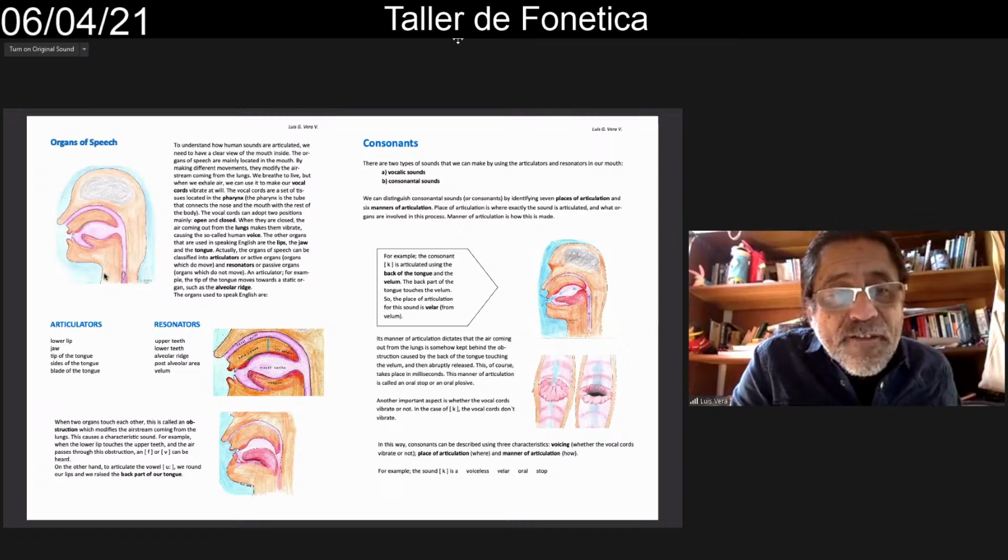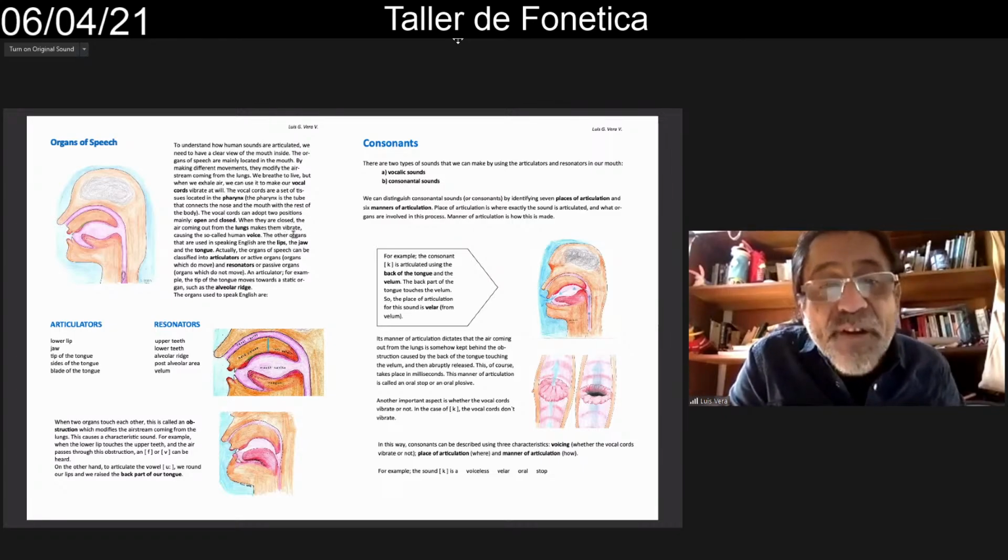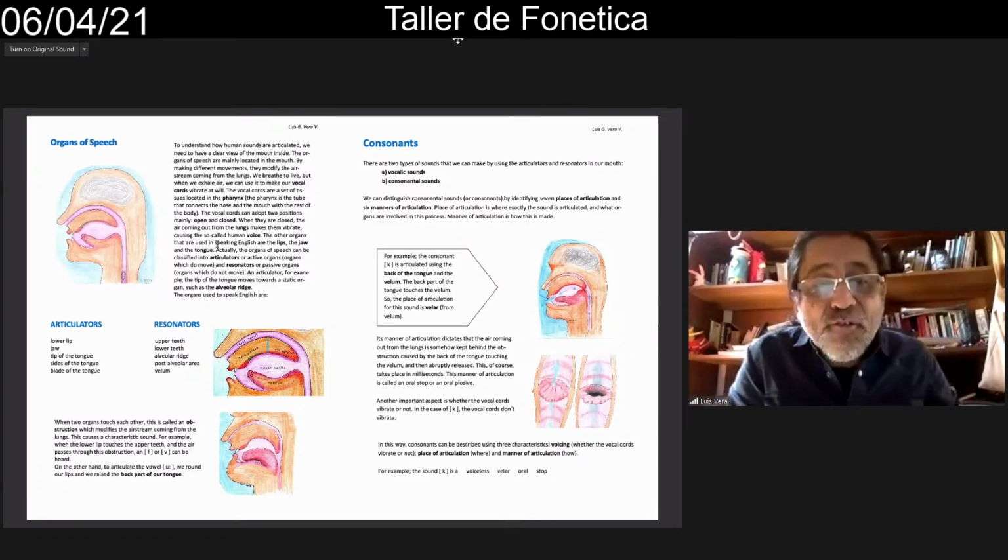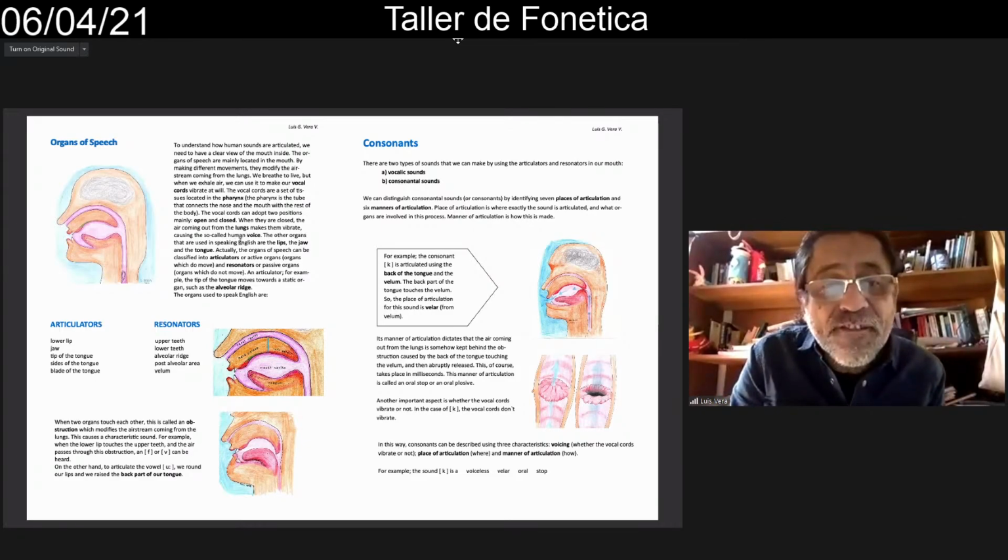The vocal cords can adopt two positions, mainly open and closed. When they are closed, the air coming out from the lungs makes them vibrate, causing the so-called human voice.